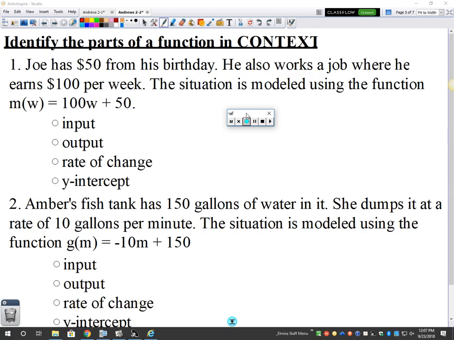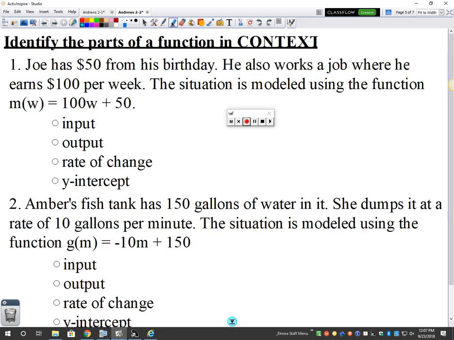We just have to be able to identify the parts. Now I want to identify the parts both from the context of the question and the function, because technically what we're aiming for is for you to not need somebody to tell you what the function is. We want to get to where we can write a function without being told. So I'm going to just show both.